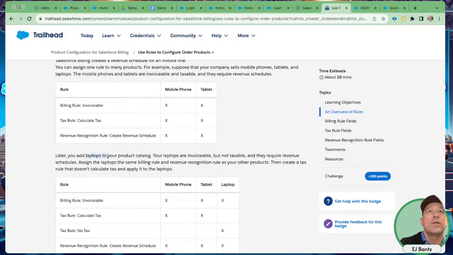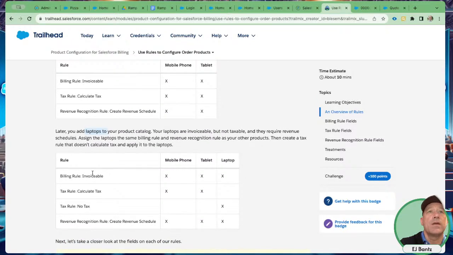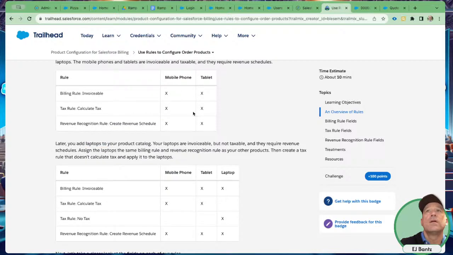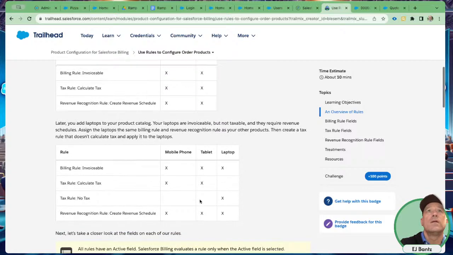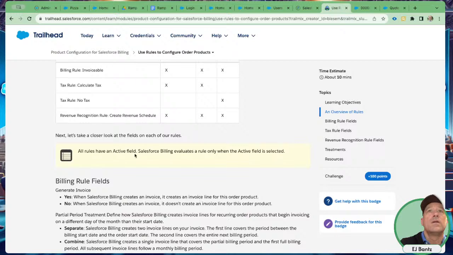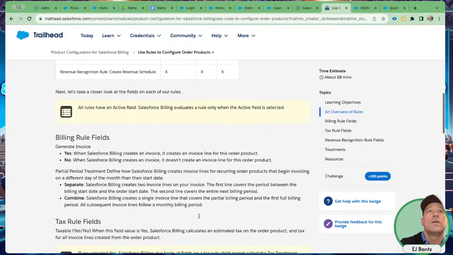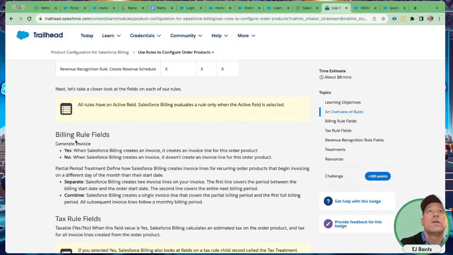So this would be like for laptops, have this kind of thing, invoiceable, tax, no tax. Let me see, based on the product. Okay. Generate invoice.